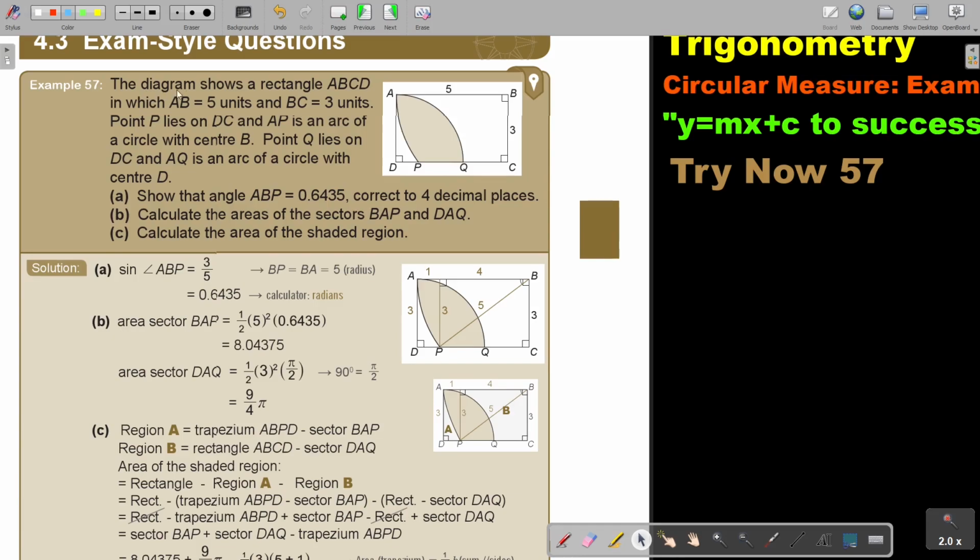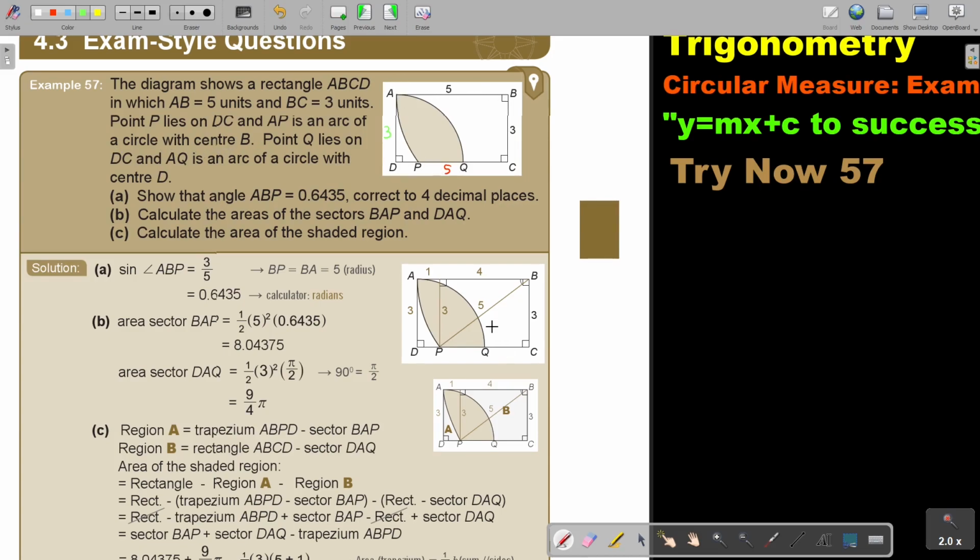Okay, the diagram shows a rectangle ABCD in which AB is 5, but don't forget that the opposite side is also 5. We will even draw in extra lines also. BC is 3, so that will also be 3. Point P lies on DC, and AP is an arc of a circle at P. So this is an arc.